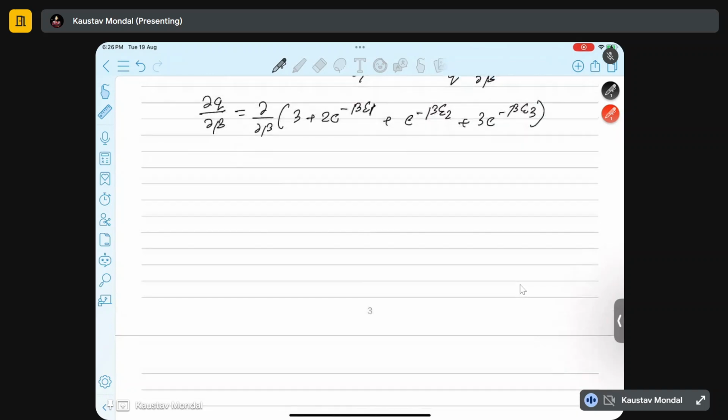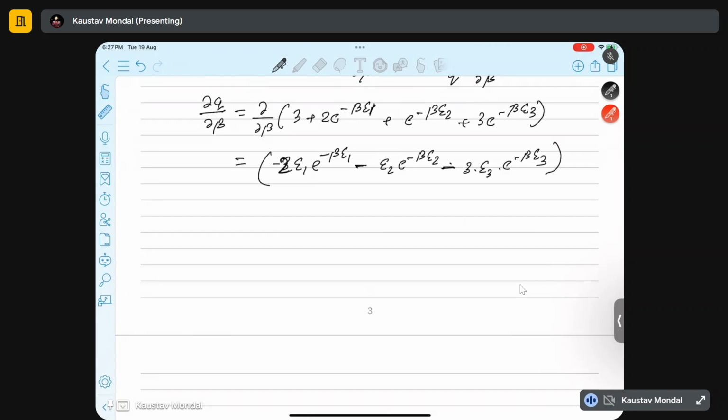Now for the derivative, this simply gives you minus 2 epsilon 1 e to the power minus beta epsilon 1, minus epsilon 2 e to the power minus beta epsilon 2, plus minus 3 epsilon 3 e to the power minus beta epsilon 3.